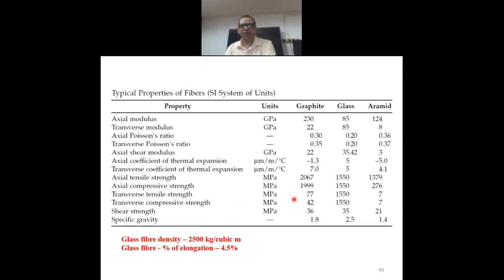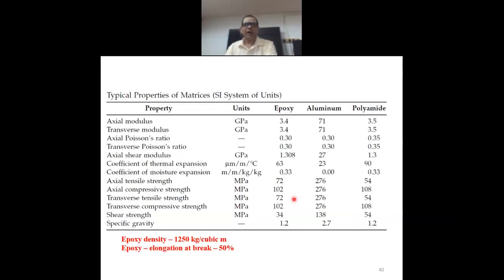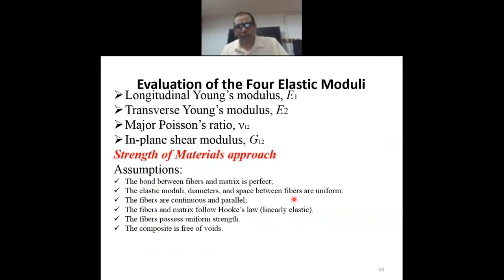So this slide shows some of the different properties of some materials. Of course, here we are going to see two major things. One is the evaluation of the moduli, and another is the evaluation of the strength. For isotropic materials, very comfortable, only Young's modulus and Poisson's ratio.